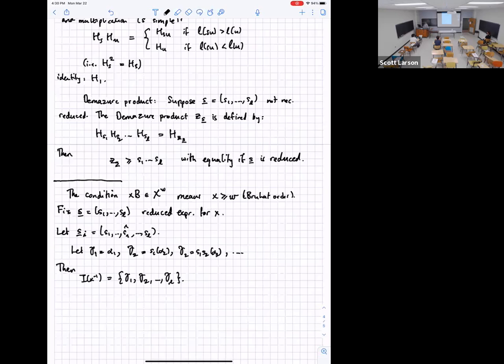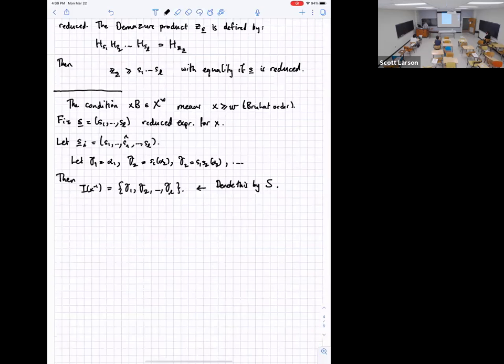Now, for simplicity for the rest of this talk, I'm going to denote this by S. This is maybe a bad letter because it's often for simple reflections, but I'm going to let S denote this inversion set. So S is not the set of simple reflections, it's this inversion set. It'll just save me a little bit of writing later on. Now, I want to define two maps, Z and X, from S, this inversion set, to the Weyl group.